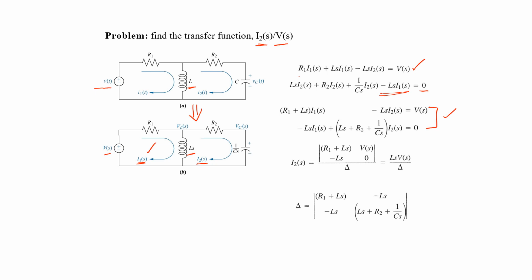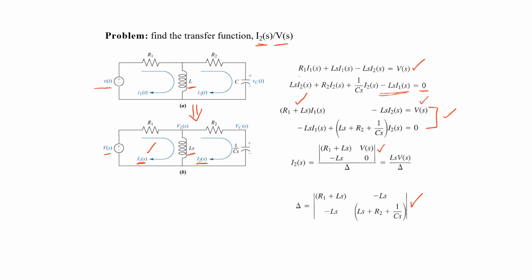So in the Cramer's rule, we take the first column related to the I1 here and the right hand side, and we take the determinant of these two columns and divide by the determinant of the left side, which is written here.